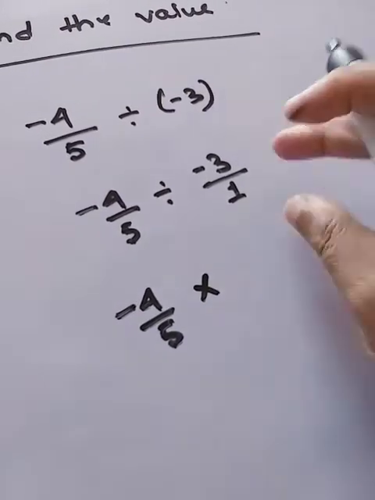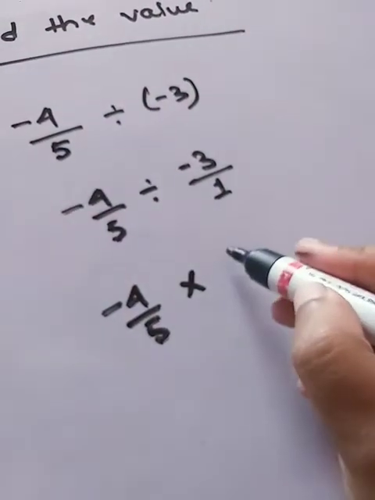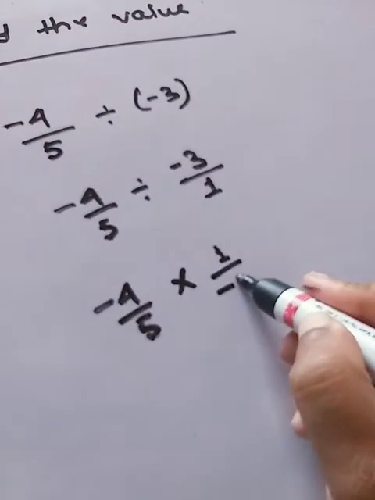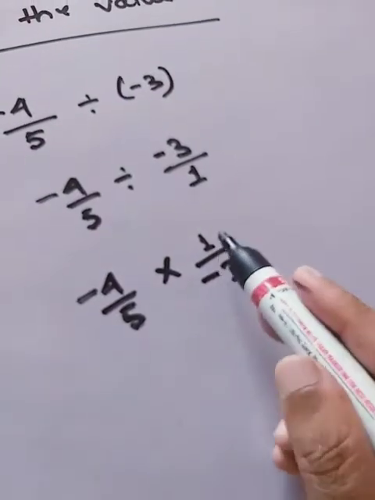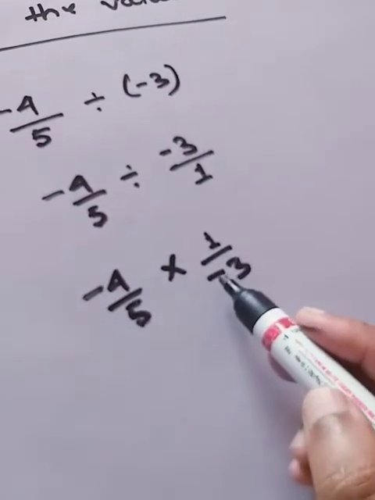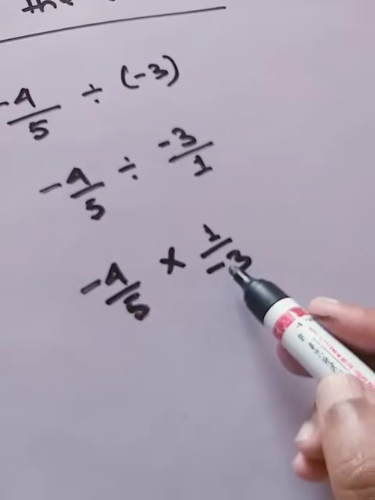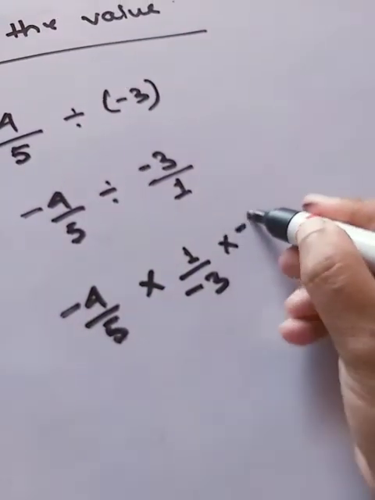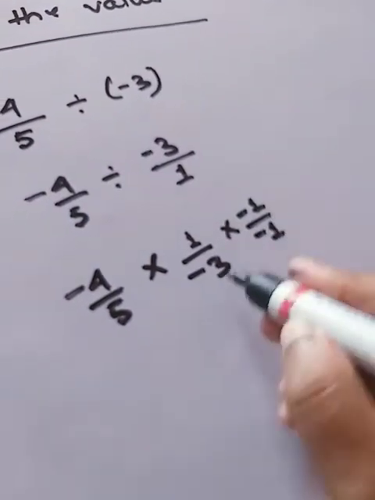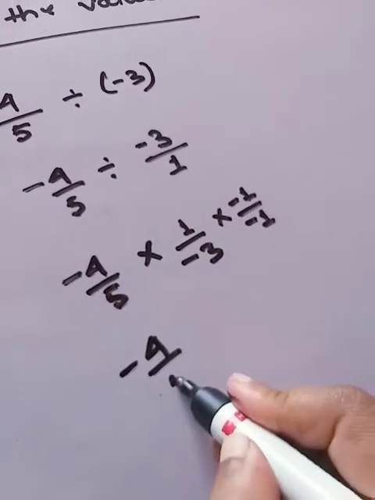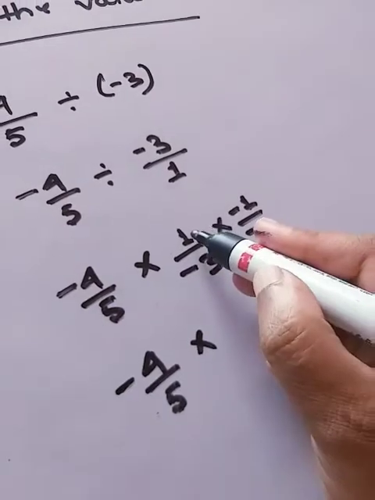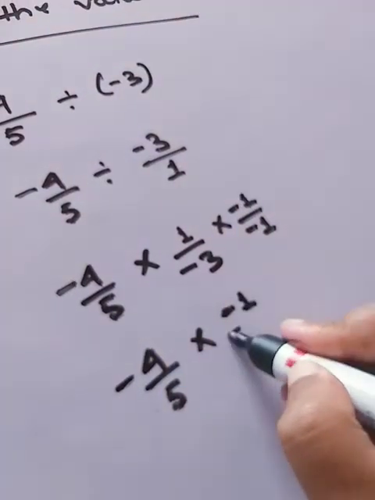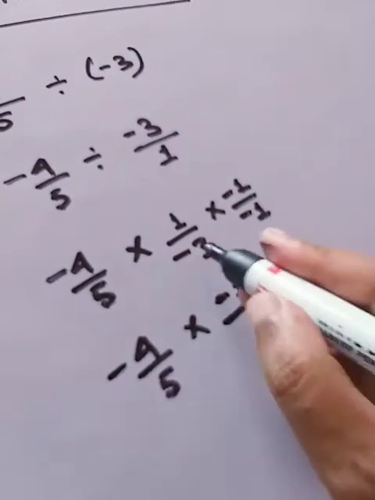When we do it, the reciprocal happens, that is 1 on minus 3, but we know that any rational number doesn't carry a minus sign in the denominator, so we have to make it positive. How to do this? You have to multiply by minus 1 over minus 1. So it will look like minus 4 by 5. 1 into minus 1 is minus 1 and minus 3 into minus 1 is plus 3.